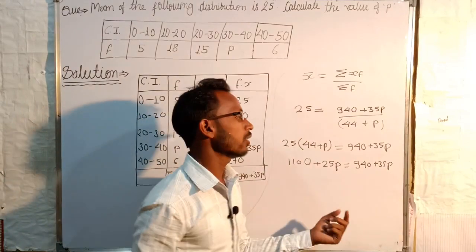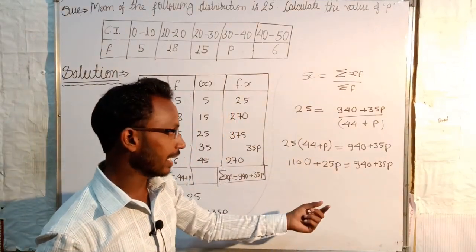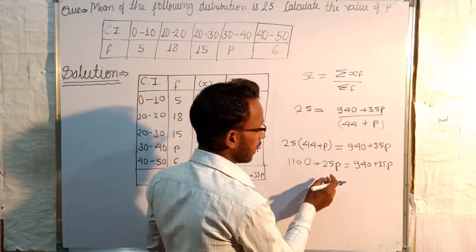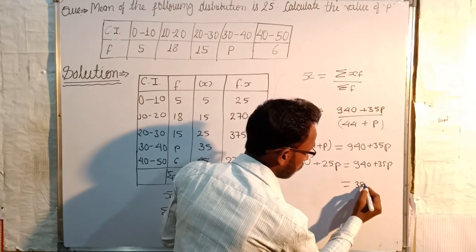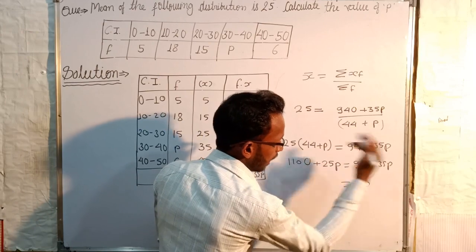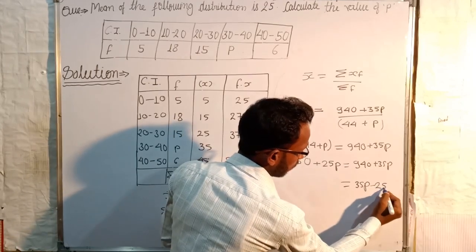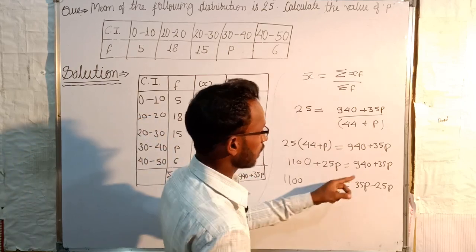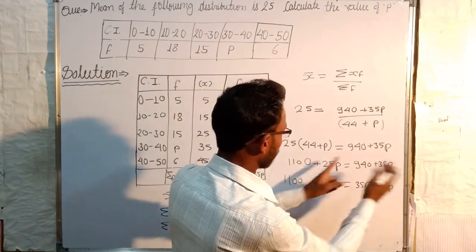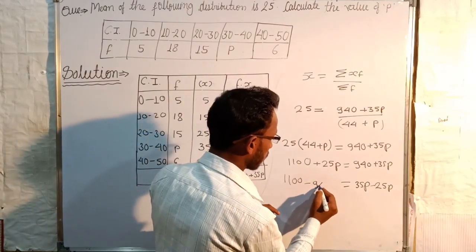Now separate all the variable terms on one side and the constant terms on the other. I am keeping the variable term on the right-hand side, which is 35p, and transferring the 25p to the right-hand side, which becomes minus 25p. On the left, 1100 remains as a constant term, and the constant term on the right-hand side is transferred to the left, which becomes 940.